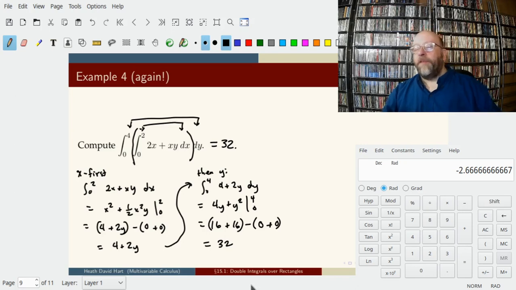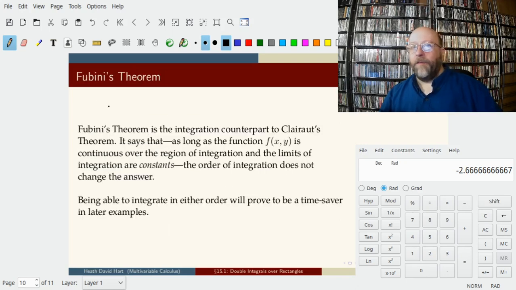And so that's not a coincidence. When we change the order of integration, we usually get the same answer. The only times the order of integration matters, there are two cases, and we'll talk about those on the next slide. This is a result called Fubini's theorem. It's the integration counterpoint to Clairaut's theorem.